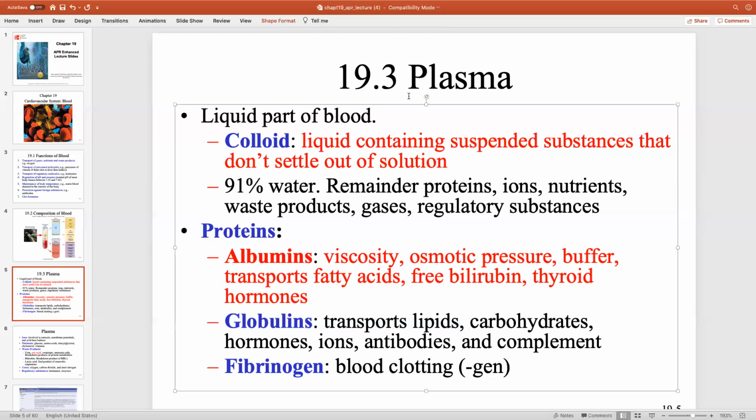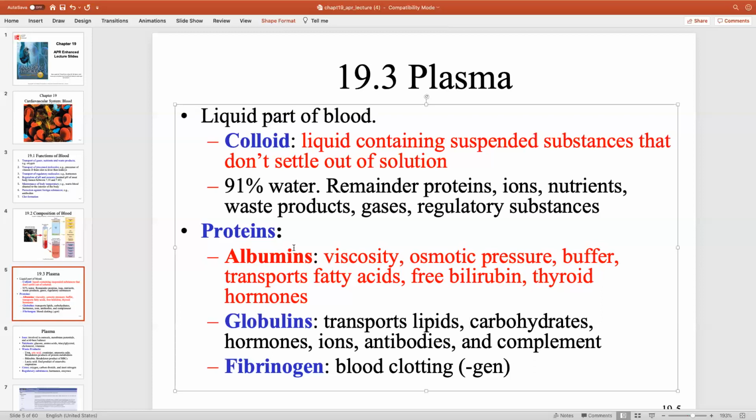Our concentration of solutes in our bloodstream is very low, right? It's going to be much higher in the fluid that we're going to bring nutrients to, our interstitial fluid. Because it's so low without albumins, water leaks out into our tissue. As water leaks out into our tissue, it creates edema, right?